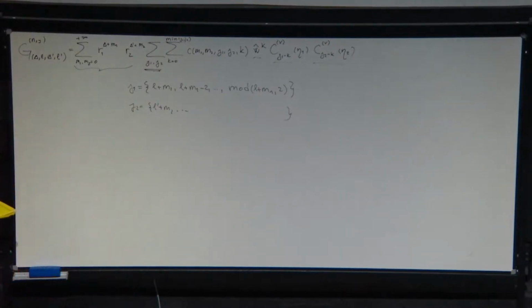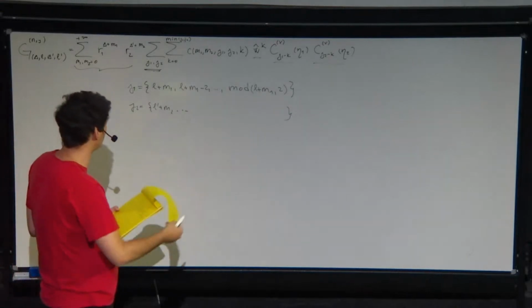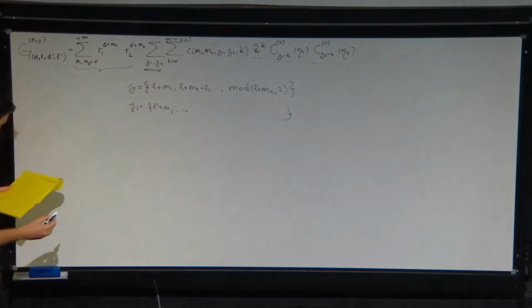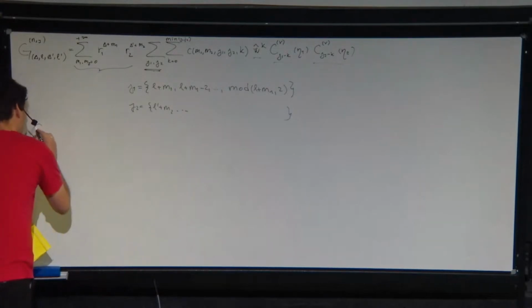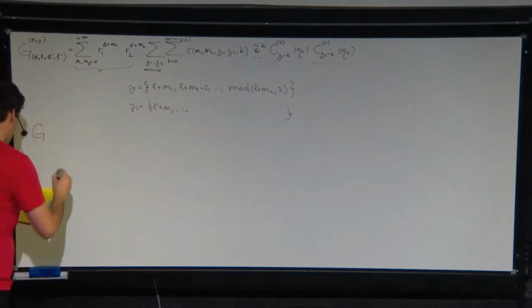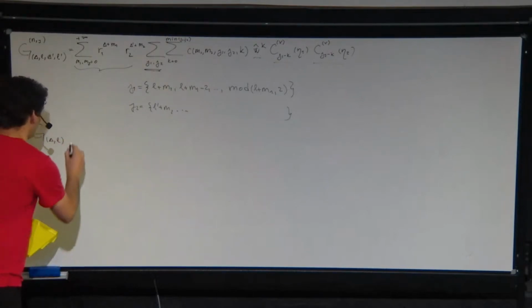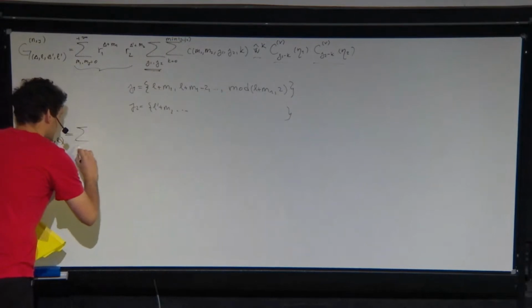Okay, so now I'm going to remind you how the 4-point conformal blocks look in the radial coordinates, and then maybe we can discuss the relation. So 4-point conformal blocks look something like this.